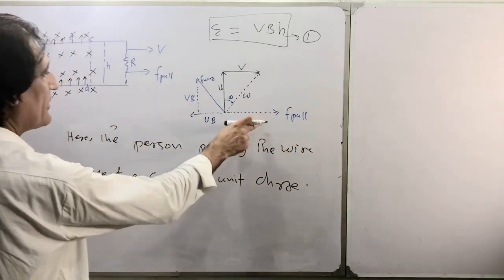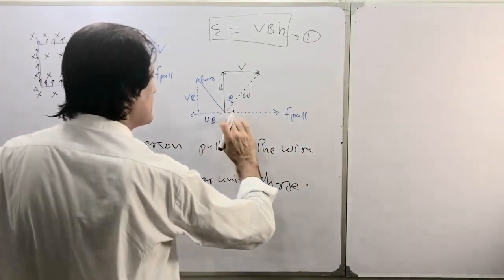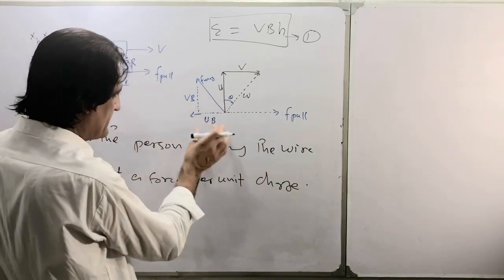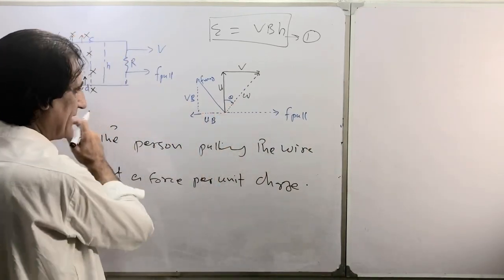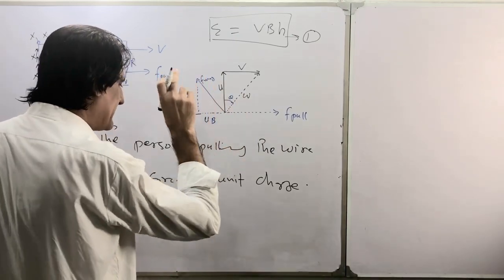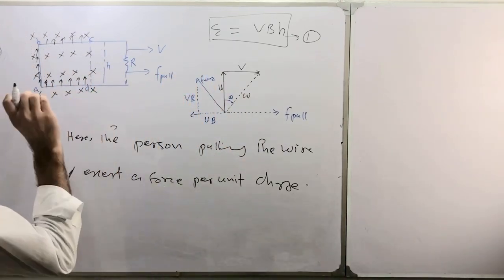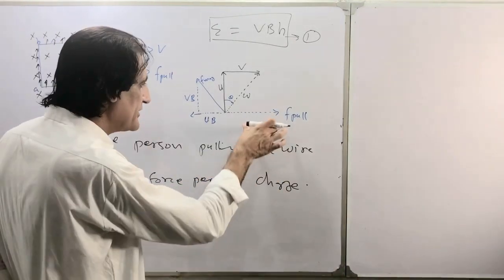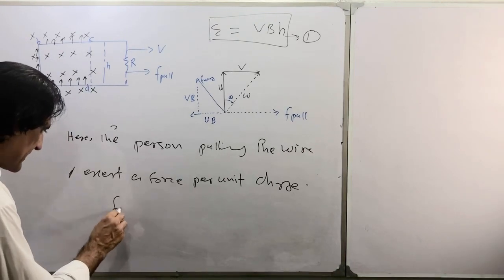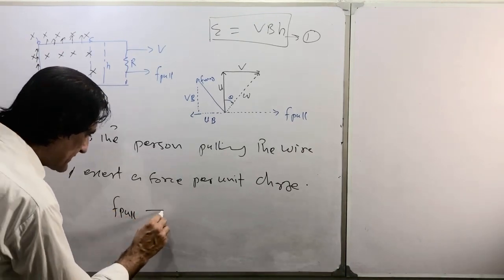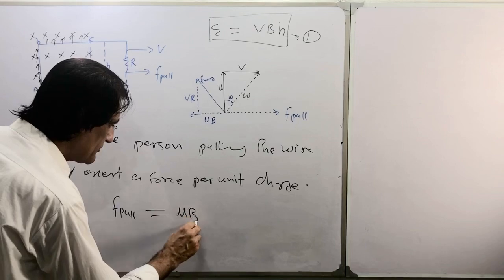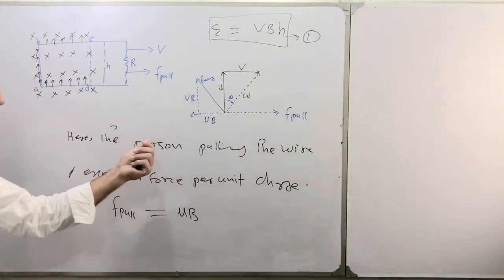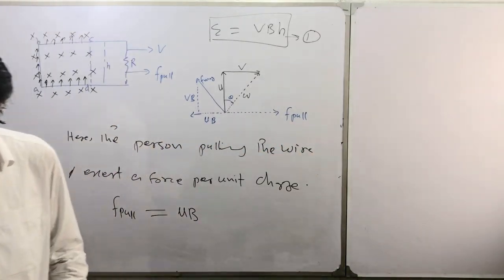So if you look at this diagram, this is F pull in this direction, and here this is the magnetic force, the component of the magnetic force in this direction. So the person pulling the wire exerts a force per unit charge. So we can say that this F pull is equal to uB, because this is in that direction and this is in this direction, so these are equal.